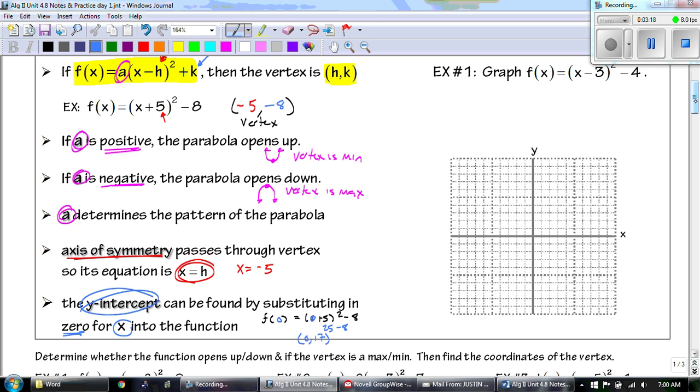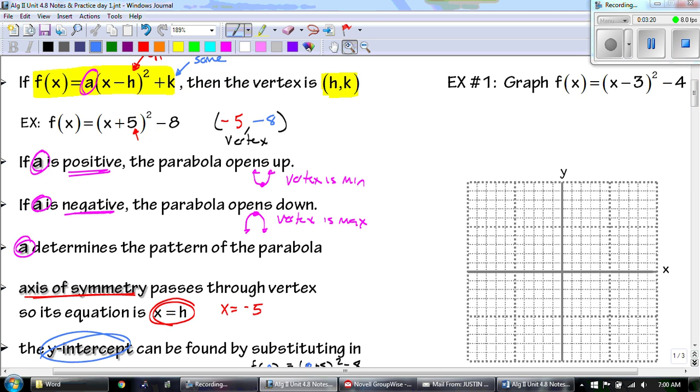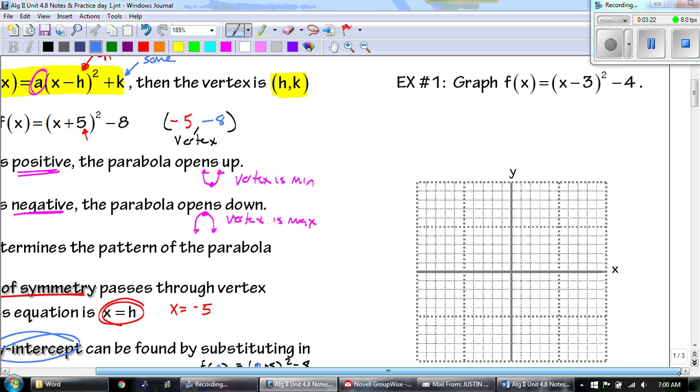Now, let's look at our example. If f of x equals (x minus 3) squared minus 4, the first thing we always want to look at is, what's the vertex? So I take the opposite of negative 3 to make it a positive 3, and then the negative 4 stays the same.